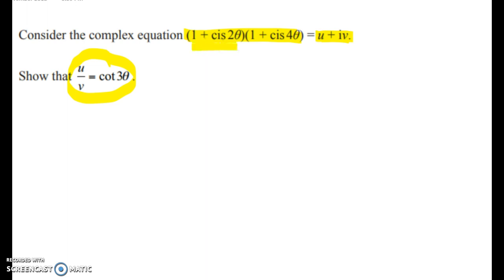What we're going to do is expand this, and then u is the real part of the complex number that I get, and v is the imaginary part. So we're going to take those two parts and show that one over the other is equal to cot 3 theta. So step 1 is to just get on with it and expand the left-hand side of that equation.